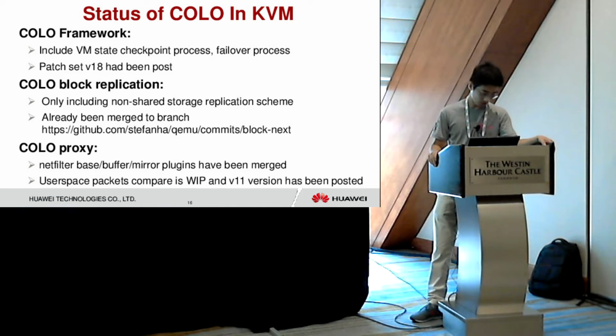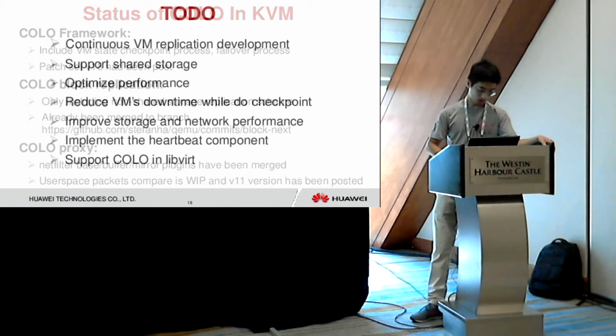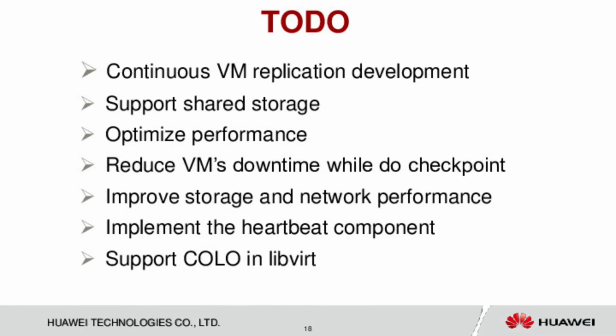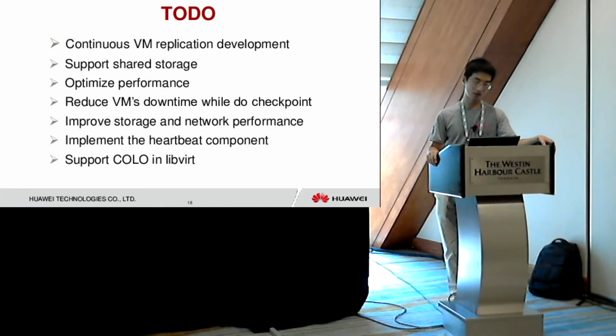The user space packet compare series is still a work in progress, and the 11th version has been posted. So as you can see, COLO is still a prototype, and there is lots of future work needed to make it suitable for commercial usage.